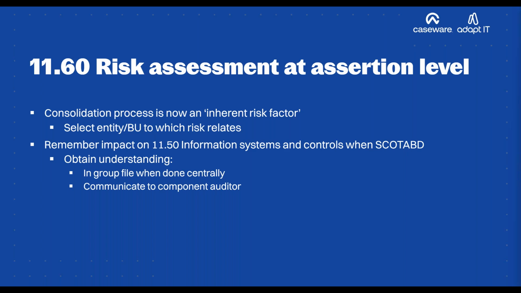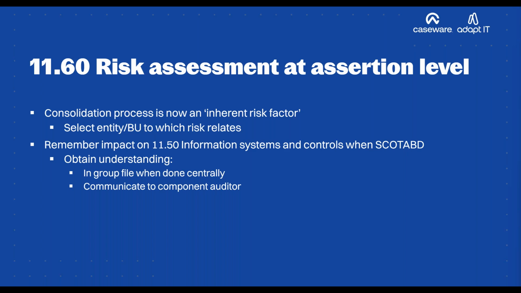So the consolidation process is now considered a risk factor, or an inherent risk factor rather, where you will then also select the entity or the business unit to which the risk relates. I'm going to show you the risk that I recorded for property, plant and equipment, where that is then done. And then remember the impact on 1150 for scottabodies in the group file when done centrally, or communicate to the component auditor, as we had seen now in 1150.